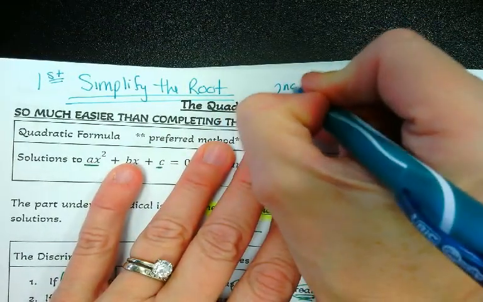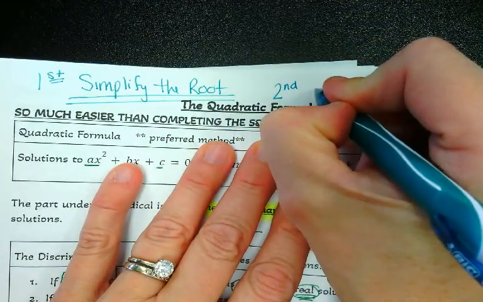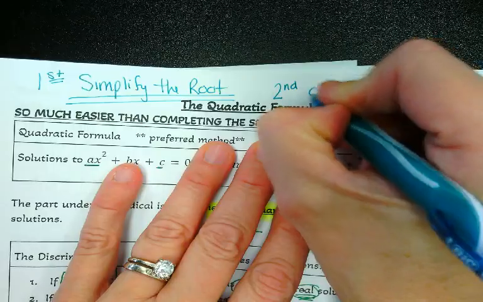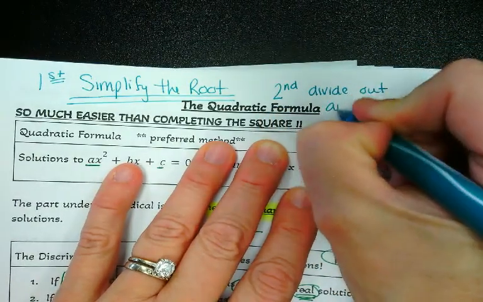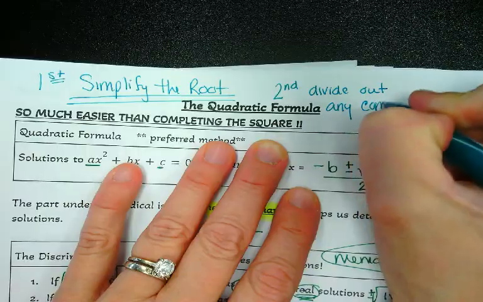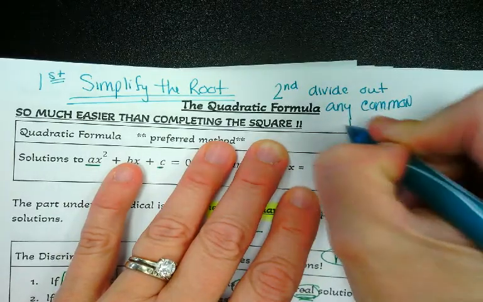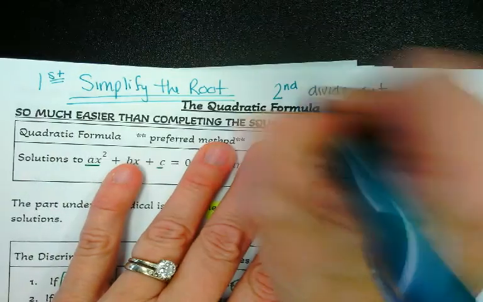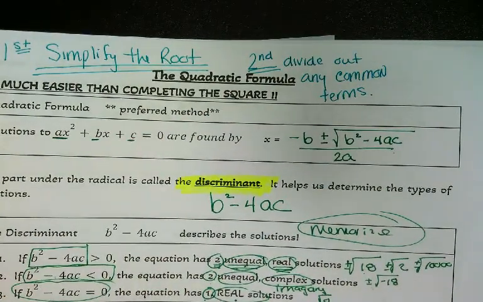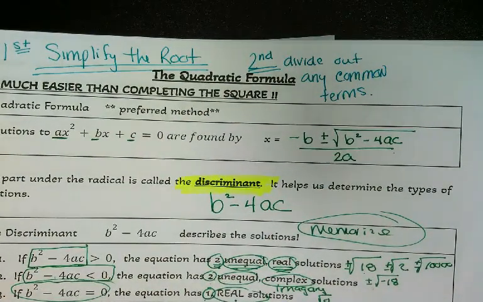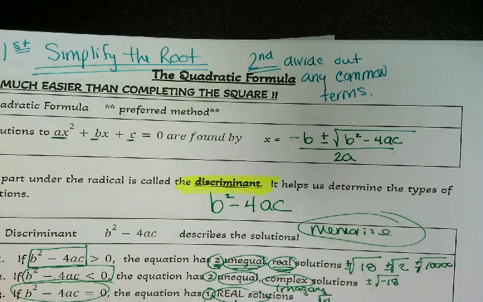Second, you can then divide out any common terms. You can divide out any common terms, but these are not interchangeable. You have to do them in this order, the order of operations. You have to simplify the root first, then you can divide out any common terms.